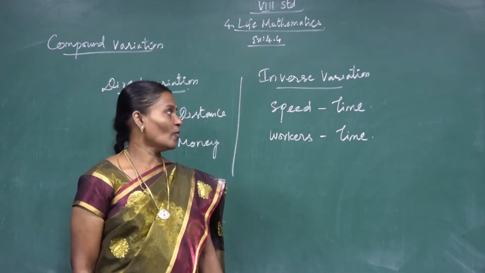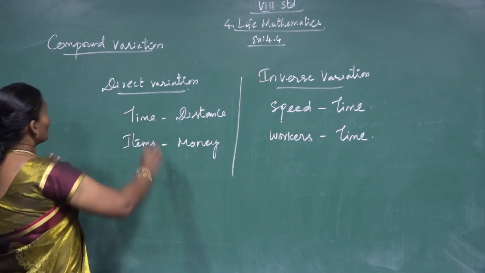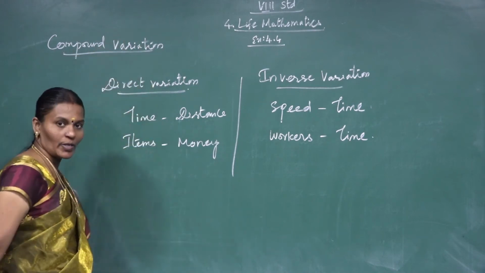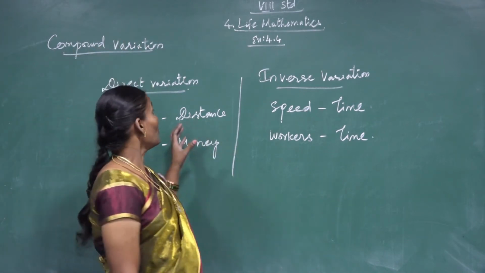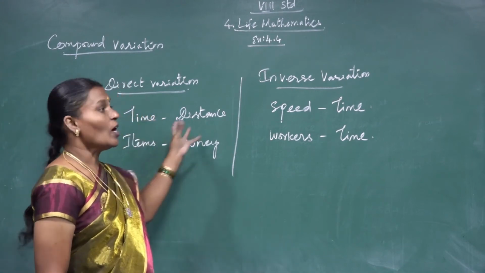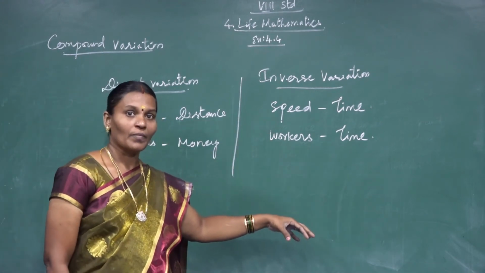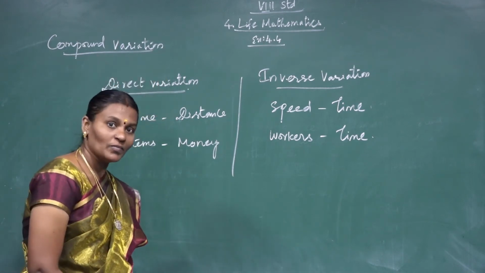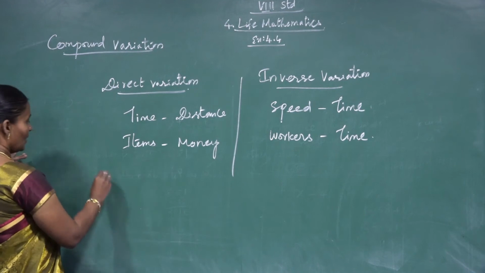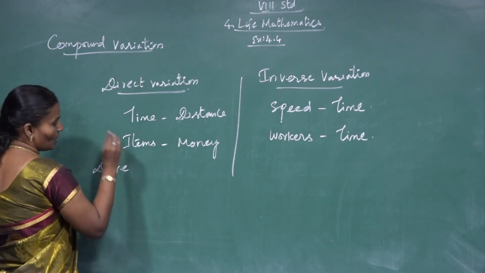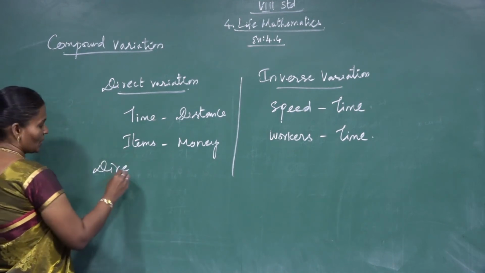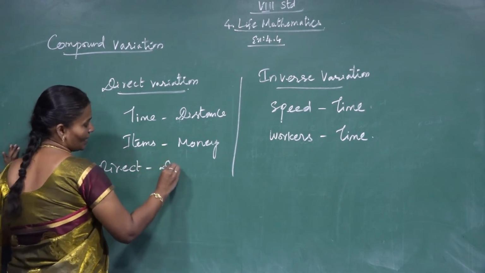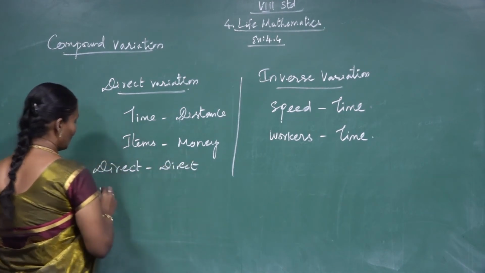Understood, children? Now we are going to see what is meant by compound variation. Compound variation means two or more variations combined together. So what are the possibilities in compound variation? Direct, direct.